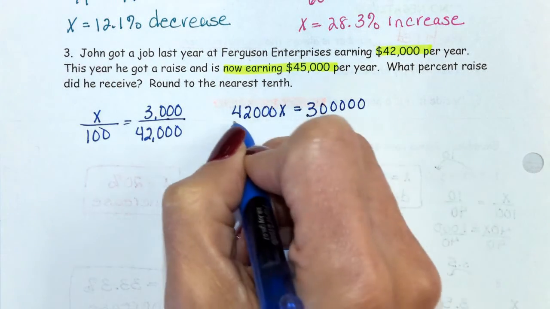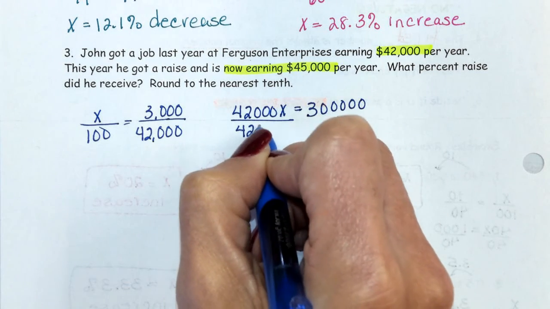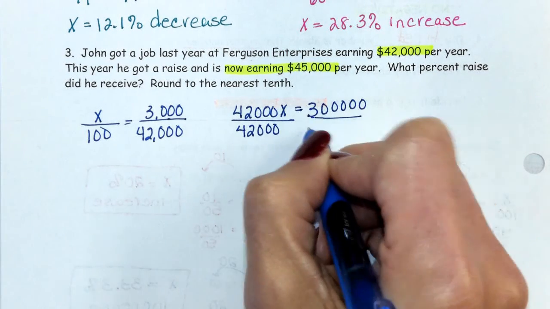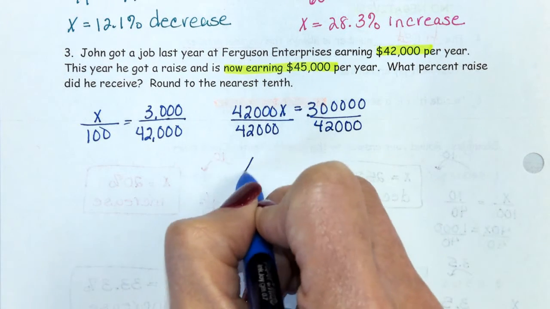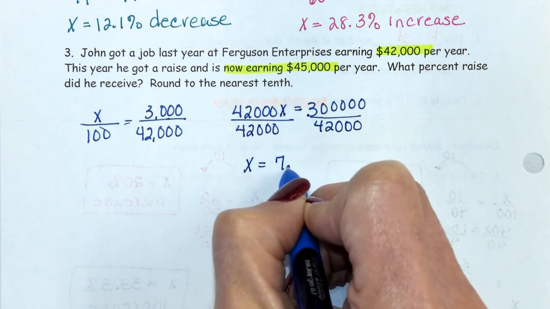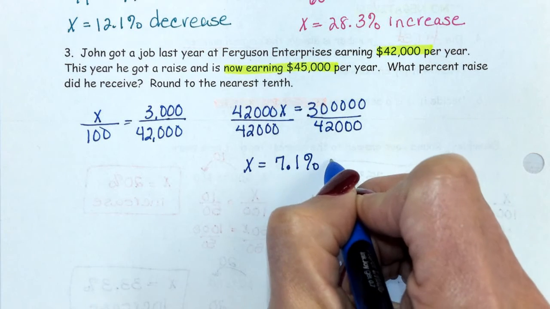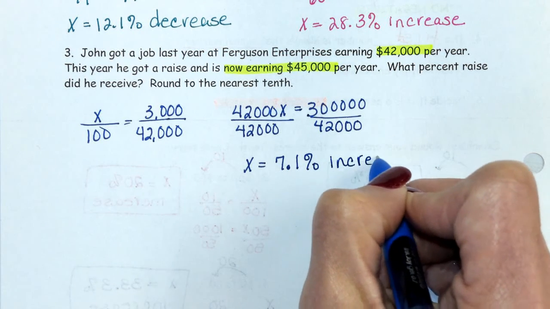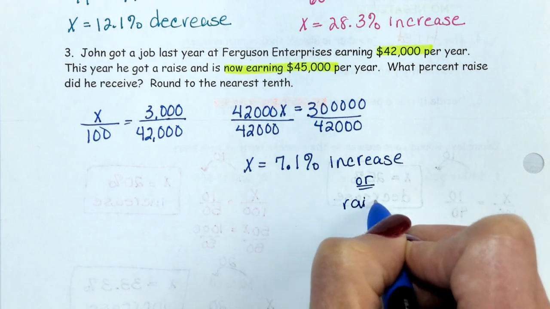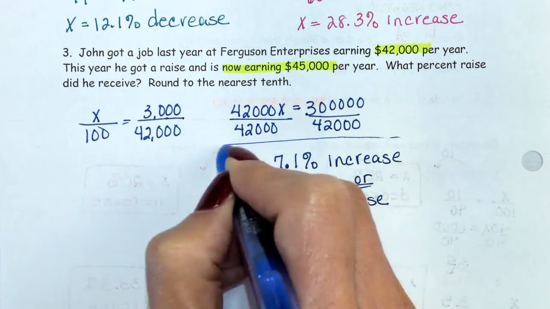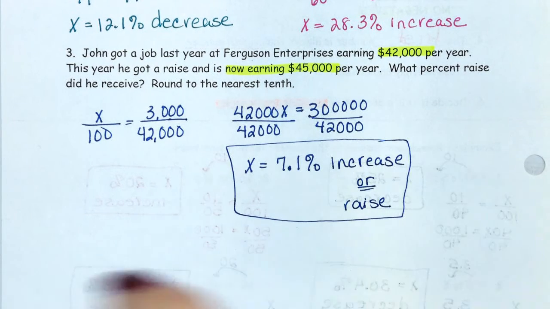We're going to divide by our coefficient, and I'm grateful we have calculators for this because this would not be some fun long division. And X equals about 7.1% increase or raise. You got a raise of 7.1%. Okay, so that is our answer for that word problem.